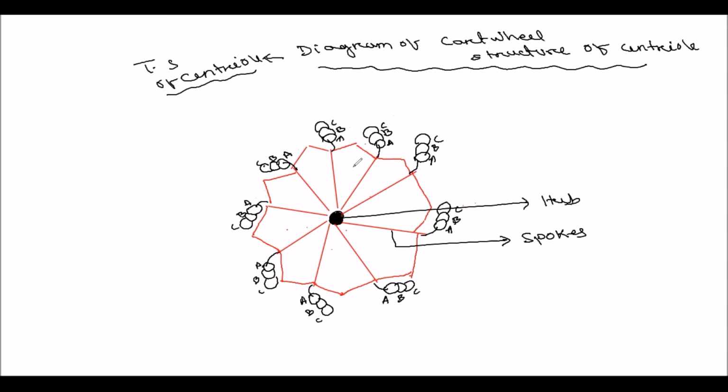Okay, and here the C microtubule is joined with the A microtubule of the preceding triplet.